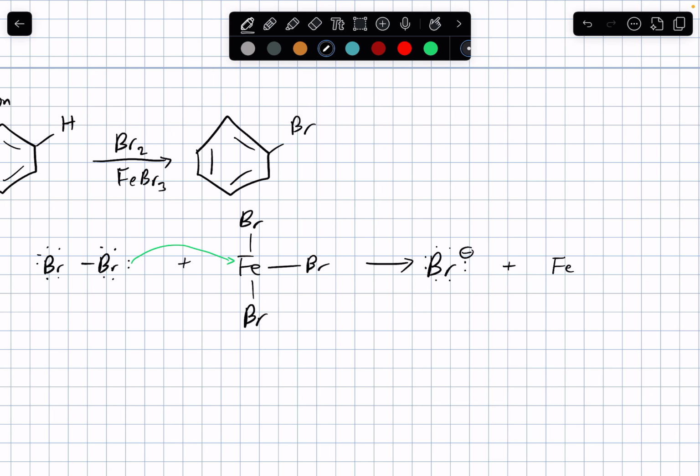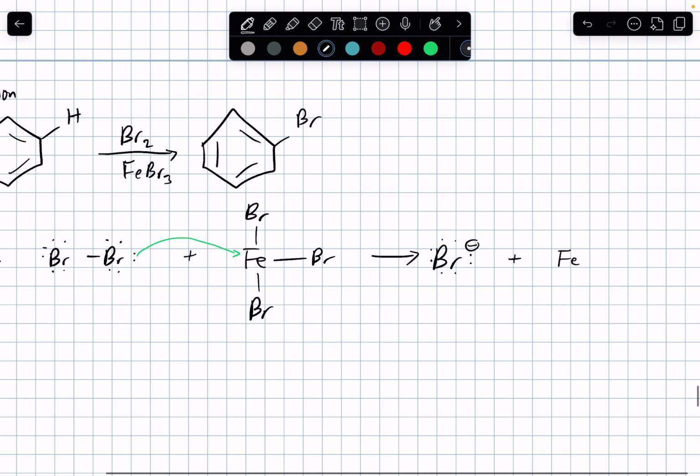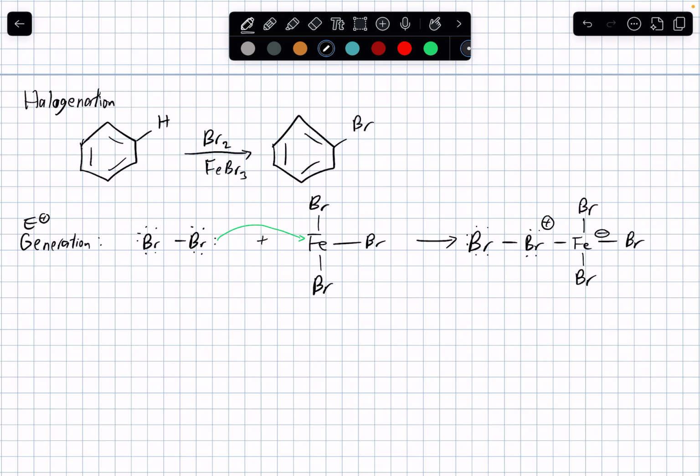Sorry. This is not separated. So this is 6 electrons, Br becomes positive here. Fe becomes negative. Okay, everything else is neutral.